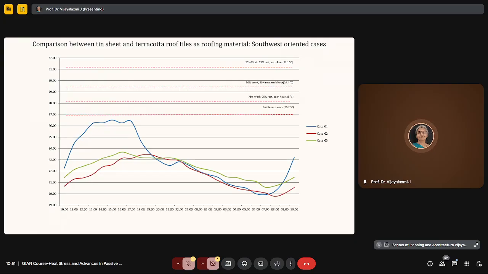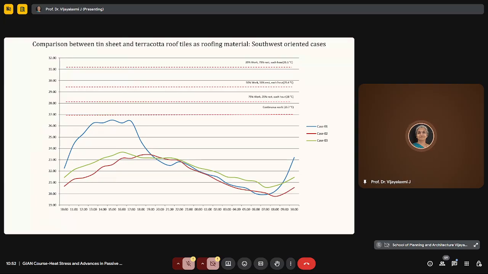But when you ask the users, their criteria of selecting a building material is not just thermal comfort, because they may say that we may be able to spend those discomfort hours, but there are other factors because of which they choose the materials.